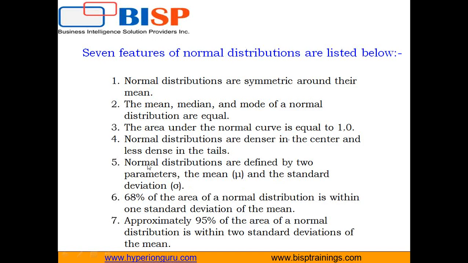Normal distributions are denser in the center and less dense in the tails. And normal distributions are defined by two parameters, the first one is the mean and the second parameter is the standard deviation. 68% of the area of a normal distribution is within one standard deviation of the mean. And the last, 95% of the area is within two standard deviations of the mean.